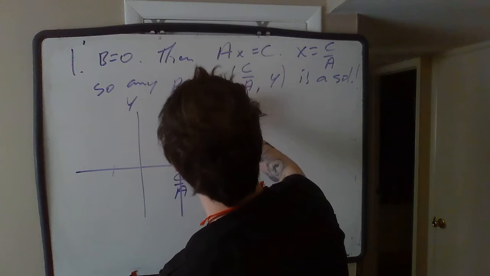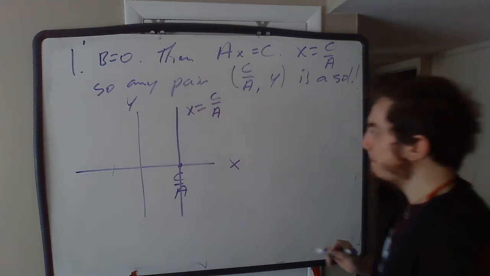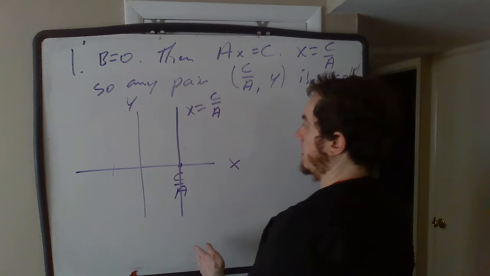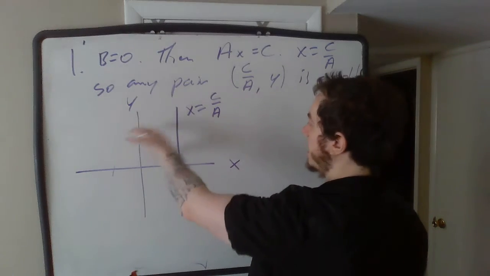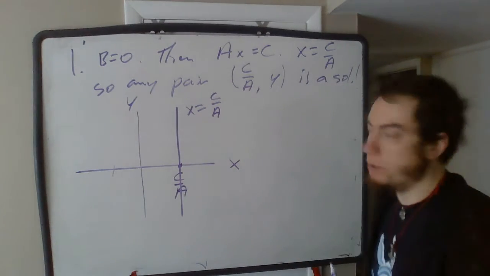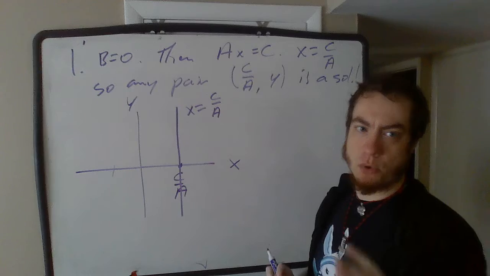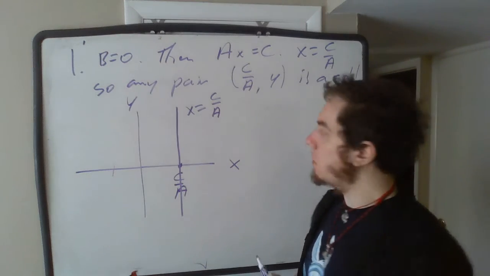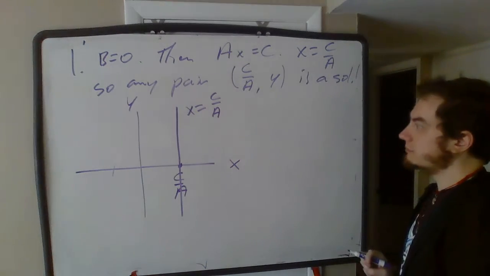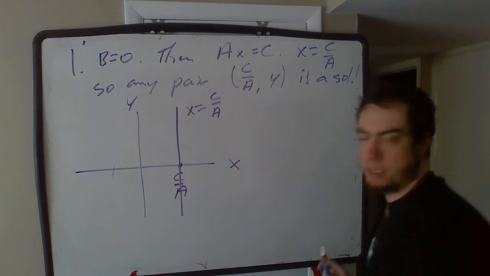So this is the line x equals c over a. Again, the y coordinate here does not matter. The y value doesn't affect this equation whatsoever, so it doesn't play a role. So that's the first possibility.